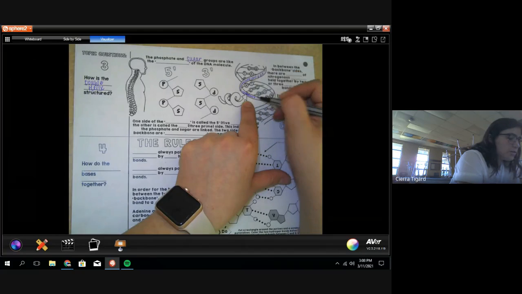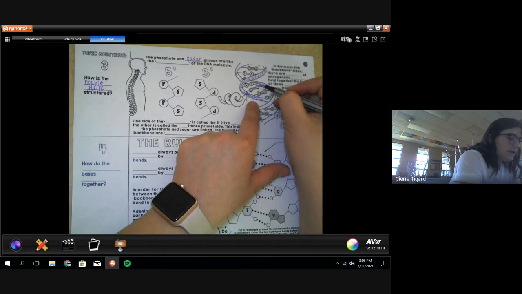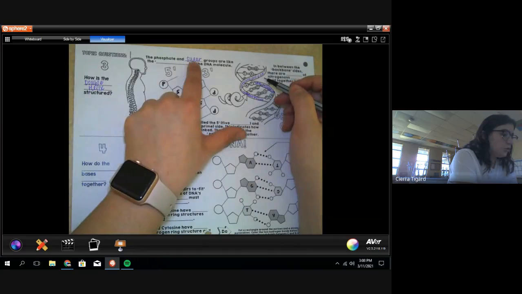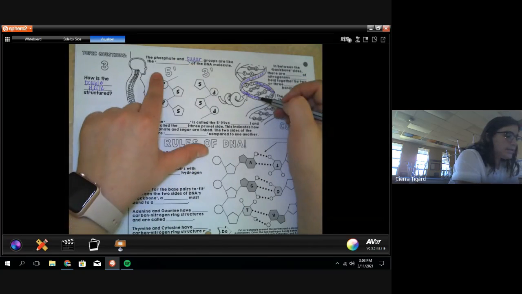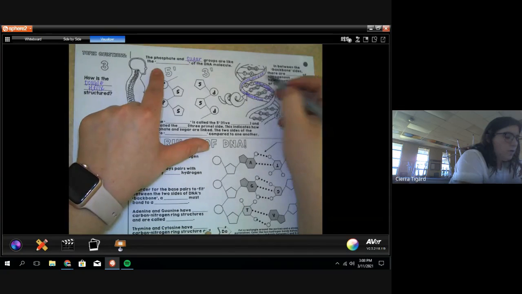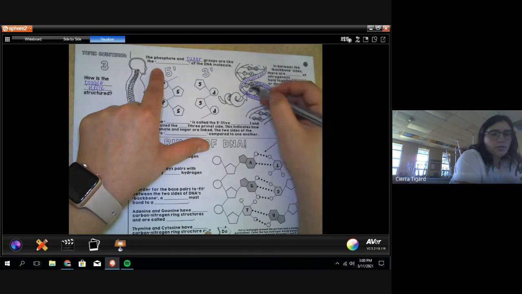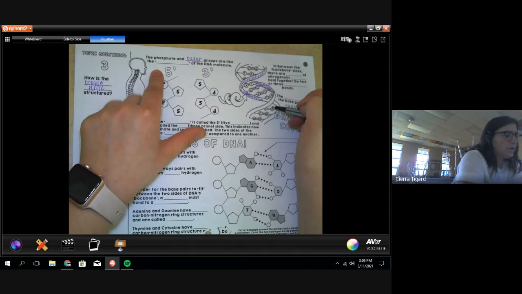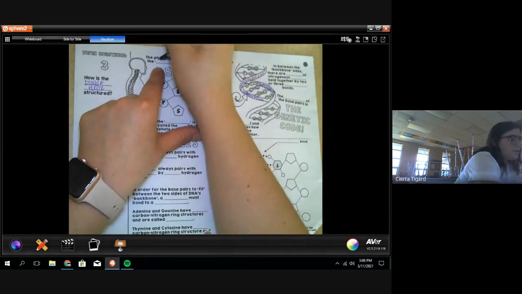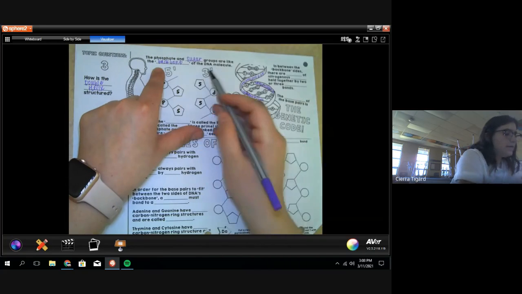I'm just trying to give us a representation. And it's also going to be on the other side. So there's two sides of it. And what makes up these sides are going to be our phosphate and sugar groups. And we consider this kind of like the spine or the structural support for the DNA molecule. And we call this the backbone of the DNA molecule.